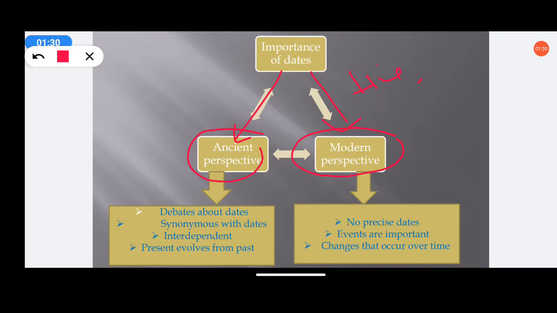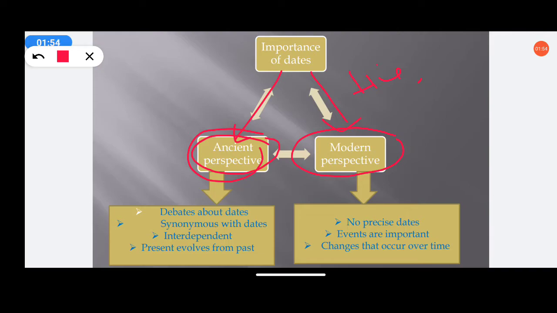Let us discuss the ancient perspective first. Here in the ancient perspective, we have to discuss the viewpoint of ancient historians regarding the importance of dates in history. The ancient historians were fascinated with dates.